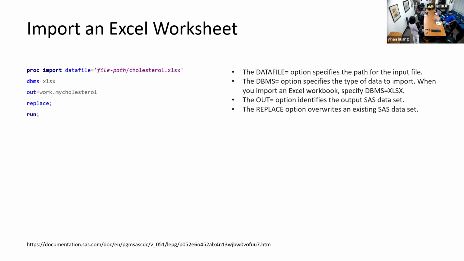Now let's move on to how to import an Excel worksheet. They also use the proc import procedure. But if you notice here, this data file is now called classroom, and it ends with XLSX. It means it's an Excel sheet. So the first step is also datafile equals the path for the import file. And then DBMS is different from the previous one. The previous one was DLM, which means delimited.